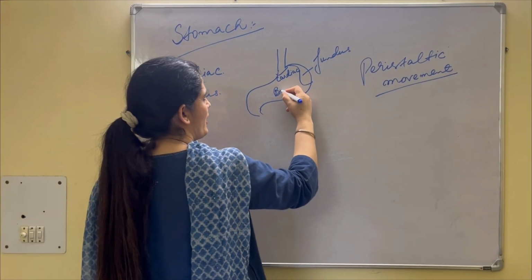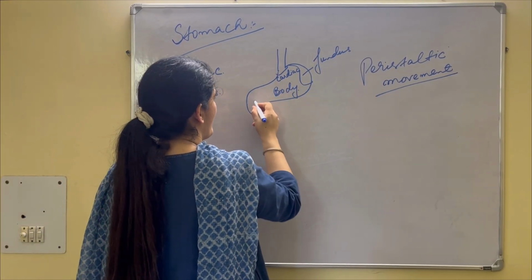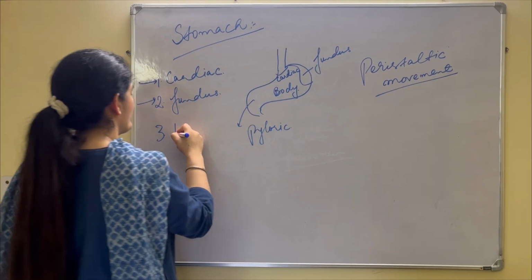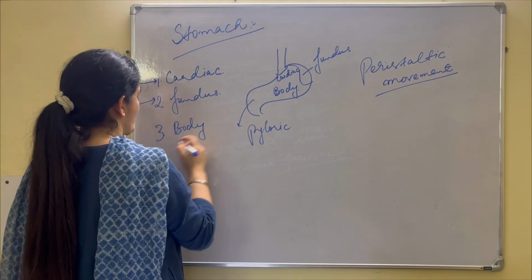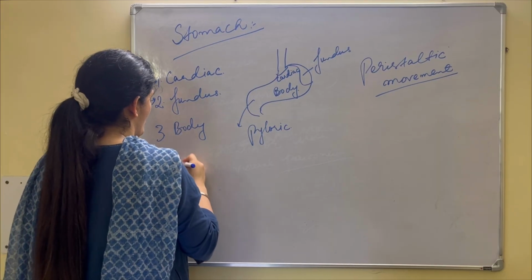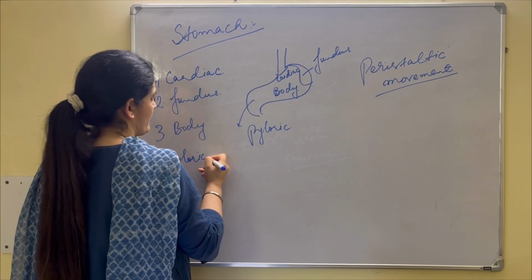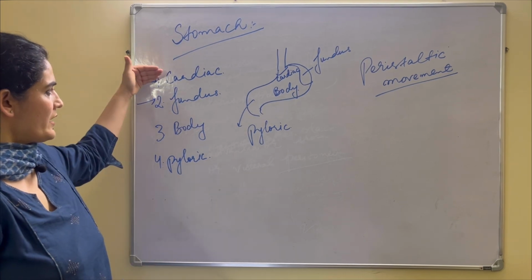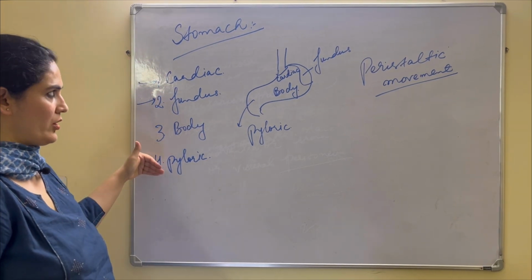The third part is body, the main part, and then the fourth part is pyloric. Okay, students, now we have cardiac, fundus, body, and pyloric.